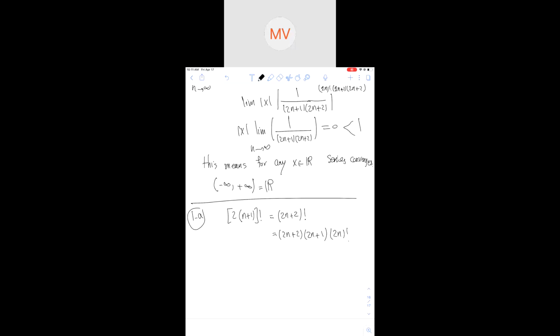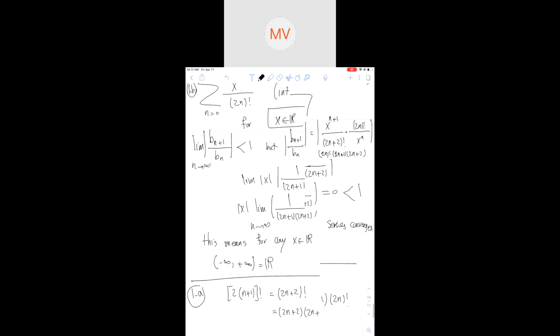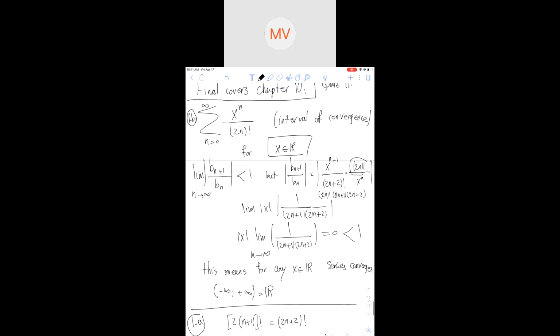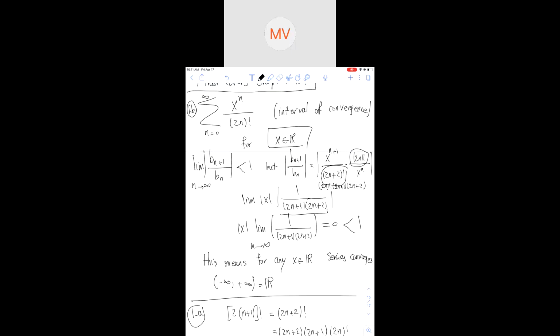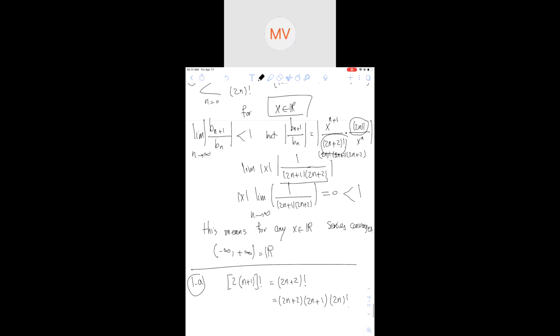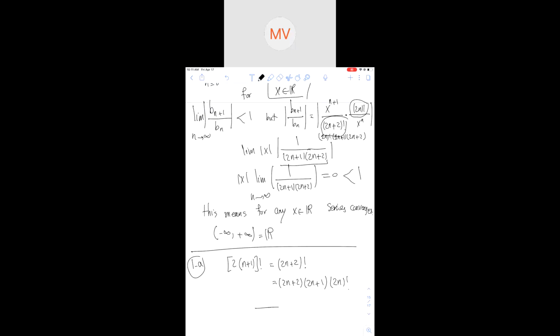So when you divide 2n factorial by this guy, the 2n factorial cancels, and those two terms are left. It's like dividing 6 factorial by 8 factorial. The simplification is 7 times 8.